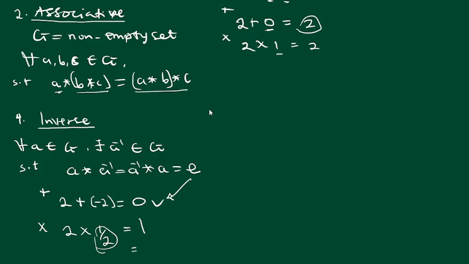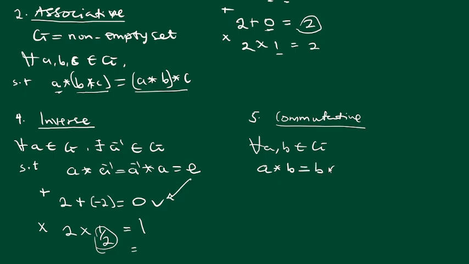Now the commutativity. Commutative. For all A, B a member of G, where G is defined as a non-empty set, A star B should be equal to B star A. And when that happens, we say that it is commutative.